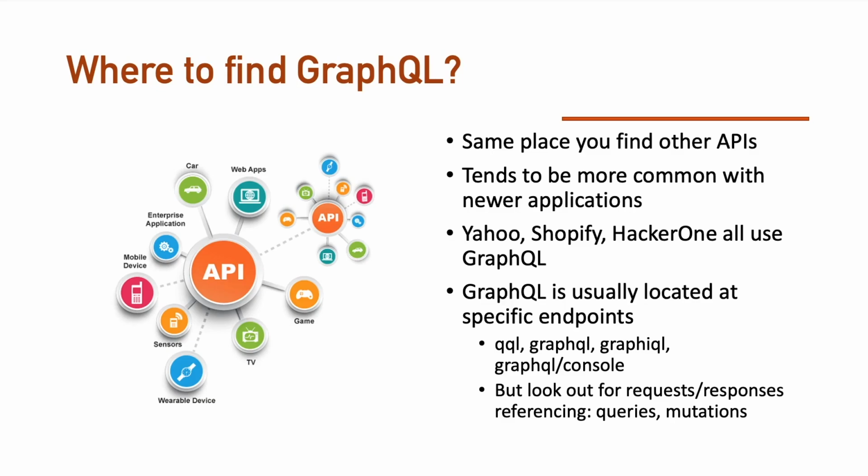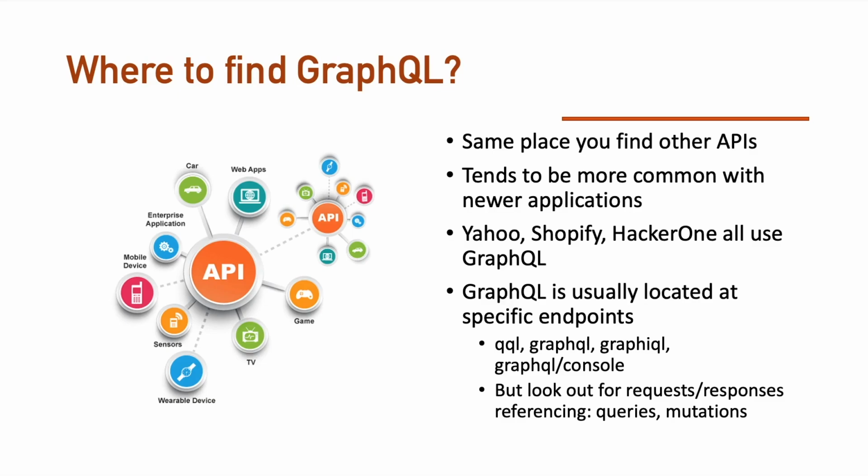But if you think you found something or you're not really sure, you can look out for words in requests and responses referencing queries, mutations, subscriptions. These are quite GraphQL specific. Sometimes you might see data in responses as well. So they can be a good way to find it, especially if you end up with an endpoint that's just q as a parameter and then the query, and then it just goes off to a random domain, which is where I found one of my bugs.